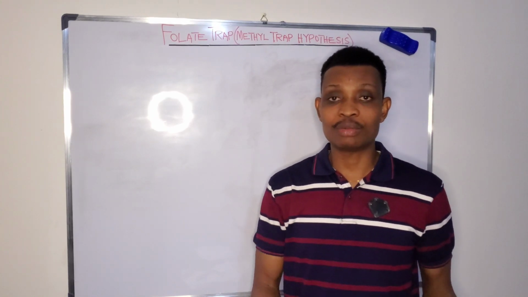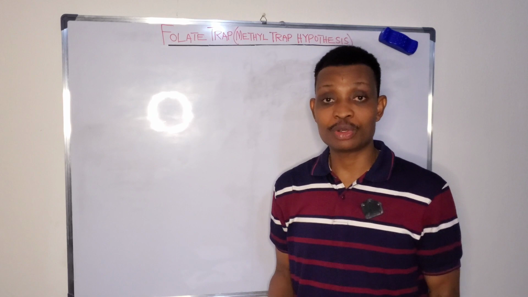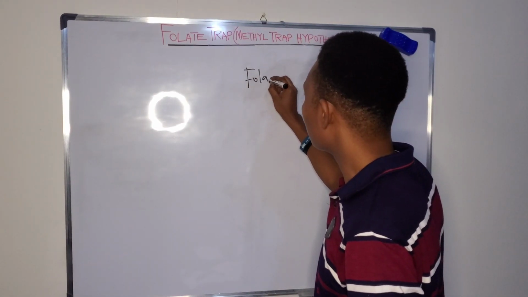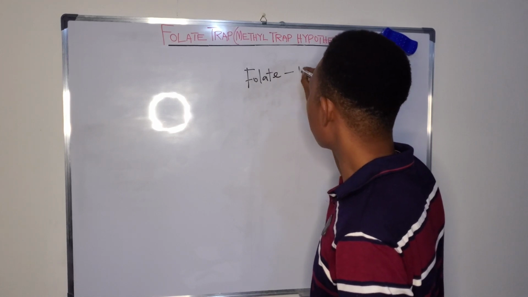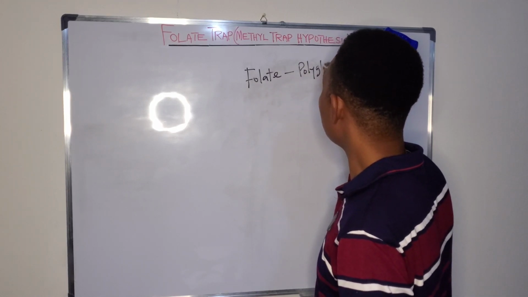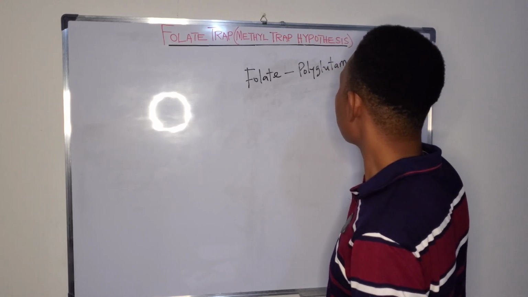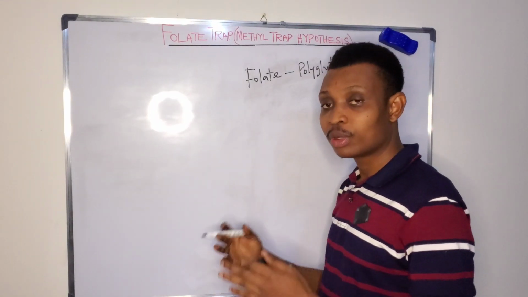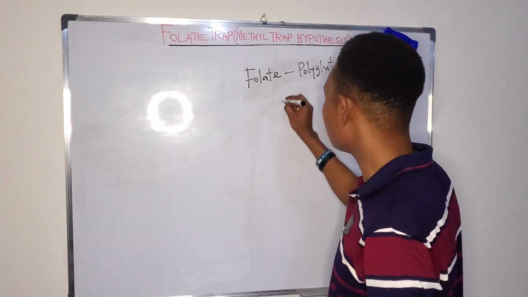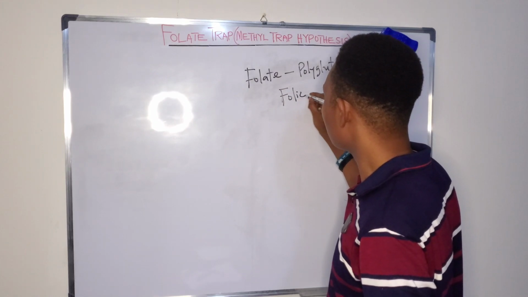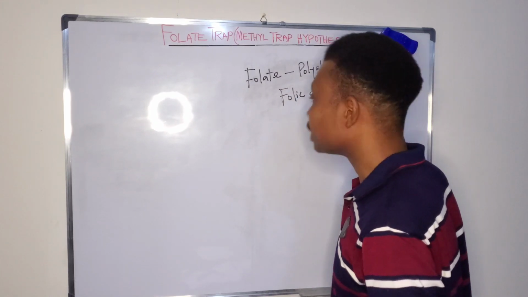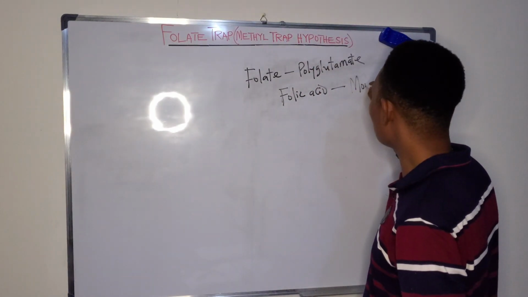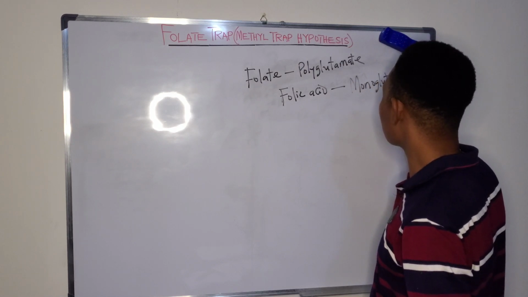When folate is obtained from the diet, the digestive processes give rise to polyglutamate. While if it is obtained from supplements, it is referred to as folic acid, and then during the digestive process, it gives rise to monoglutamate.